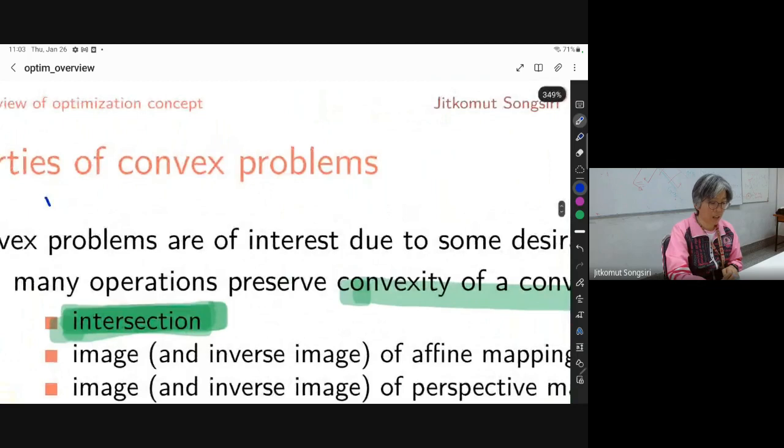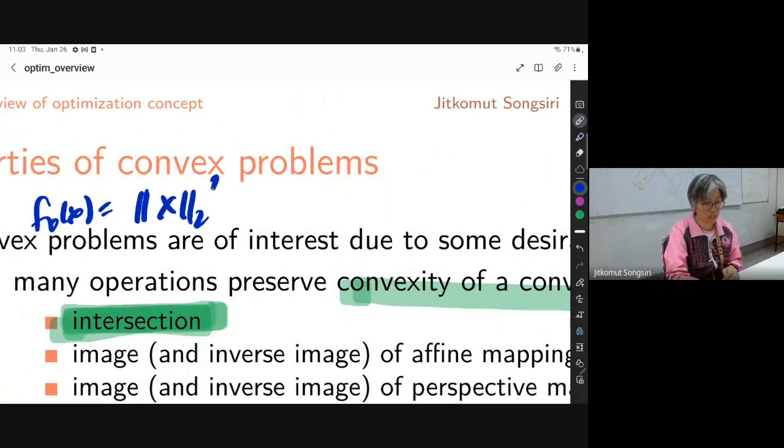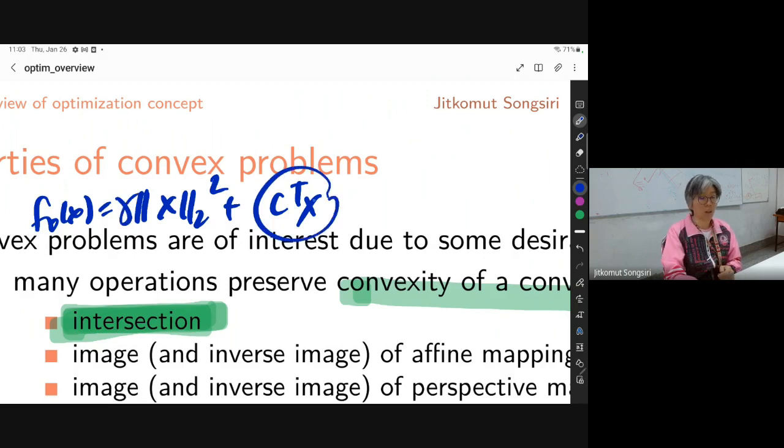Which means, if my objective is this, is my objective convex or not? Yes, because the linear function is convex. The norm square is just a quadratic function. You can claim that, but maybe I change it a little bit.